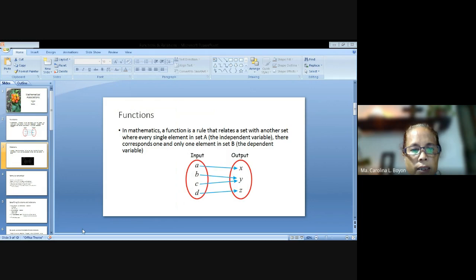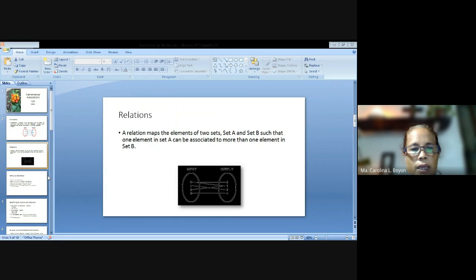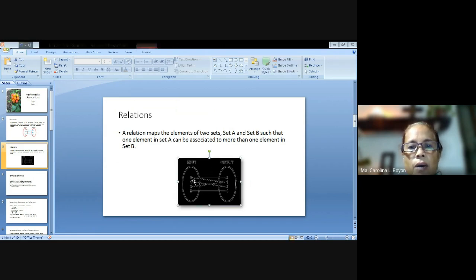If we look at the mapping of a relation, then we look at how a first element in the first set, or set A, noted in here as input set, and set B, noted as output set. 0 in the first set corresponds to two elements in the second set, which is 2 and 1.